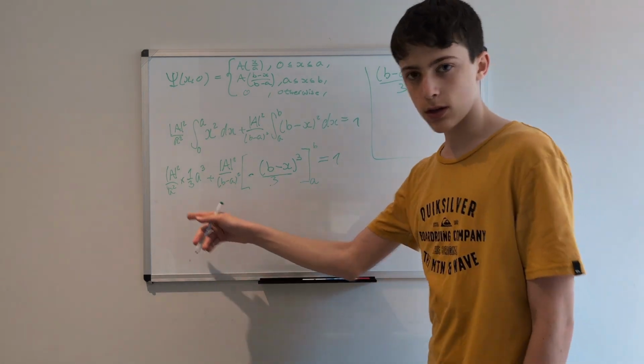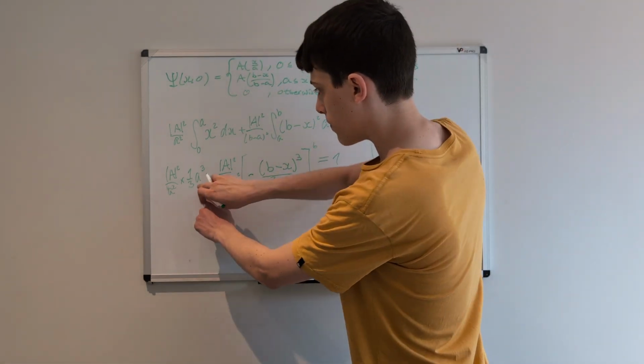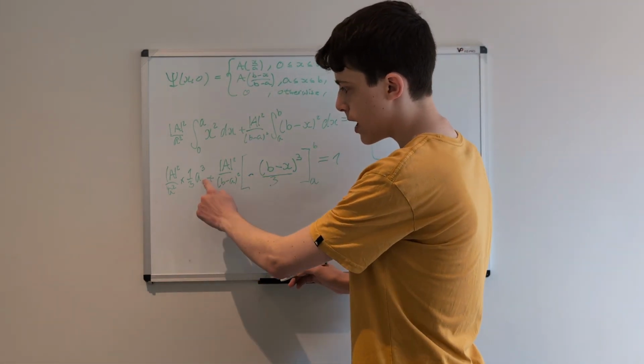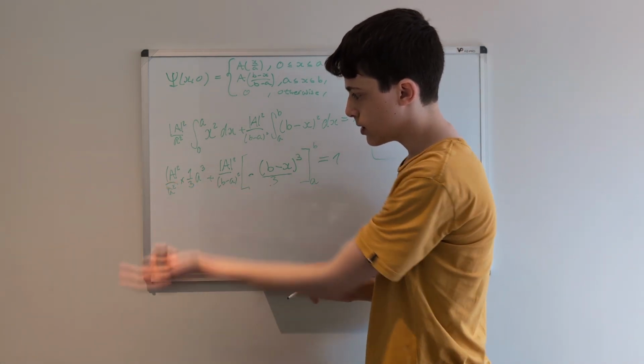So now let's just put this back here. So let's just do some cancelling out. So a cubed over a squared, that will be just a on the top.